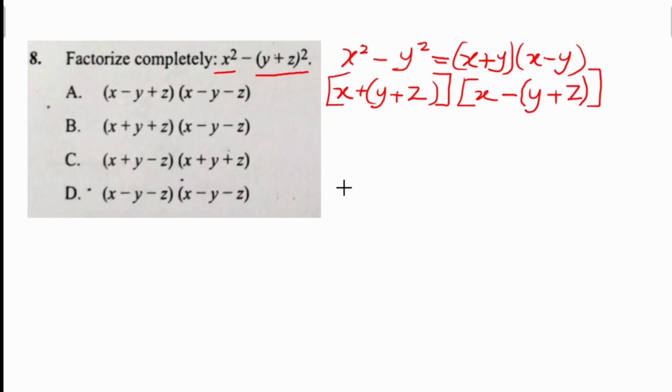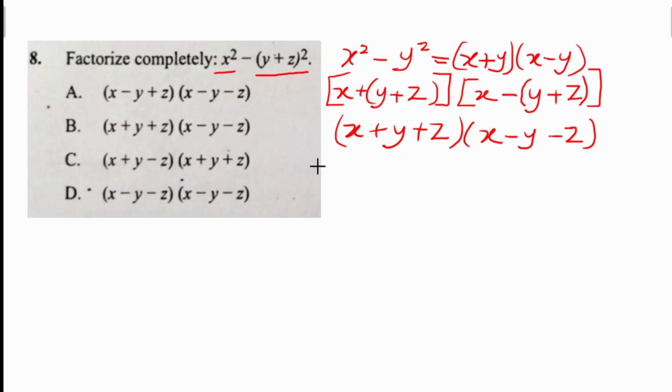Right. Now all we need is to open the brackets. So this is going to give us (x plus y plus z) all multiplying (x minus y minus z).